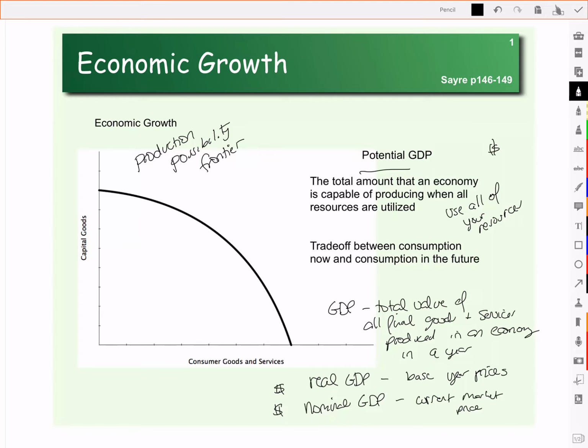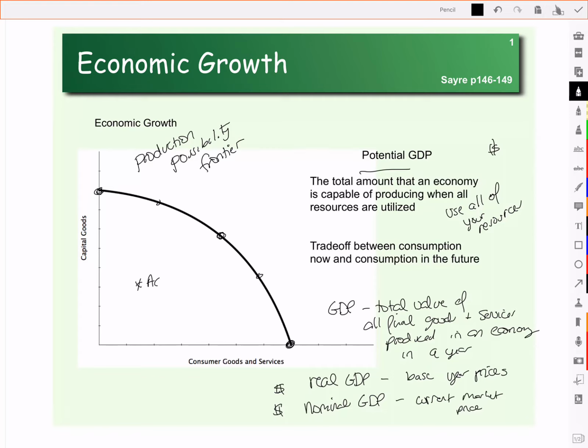It shows the combination of two goods or services that we could produce. So for example, as a society, we could make only capital goods, or only consumer goods, or some combination of the two. Okay, it could be anywhere along this curve.